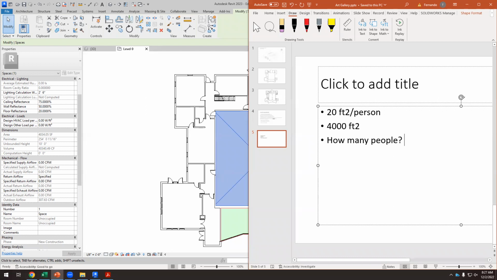Everybody agrees. 200. So we can have around 200 people.